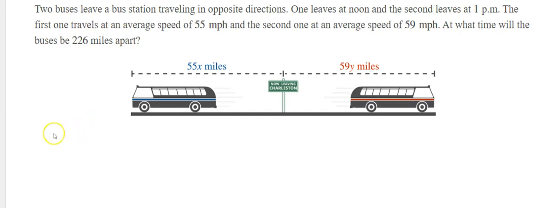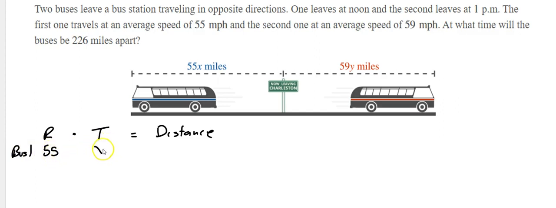Going back in time, we know that distance is rate multiplied by time, and that's going to equal our distance, which is how they got these right here. We're going to give each one of these a different variable. Notice they have the 55x and the 59y. Right here we have bus 1, and its rate, how fast it's moving, is 55 miles an hour.